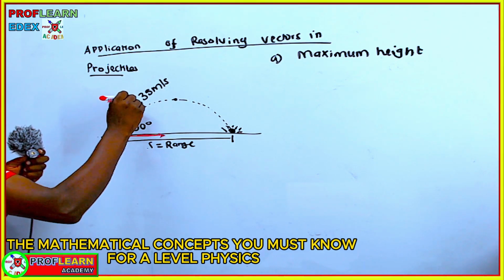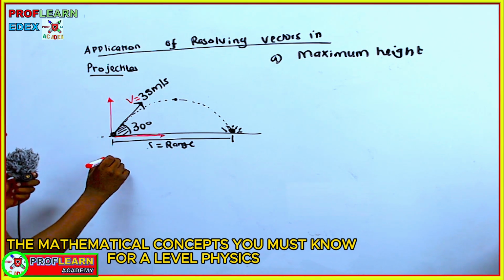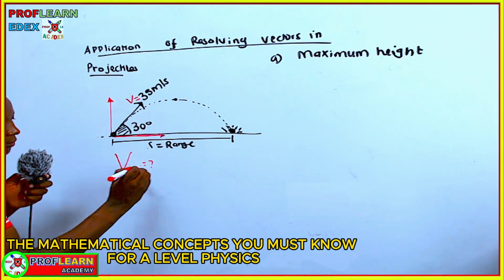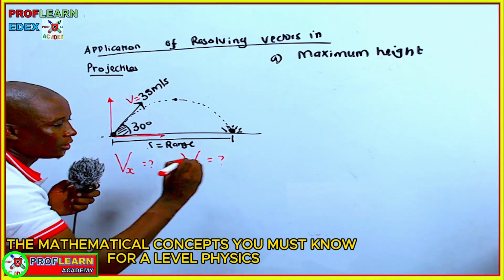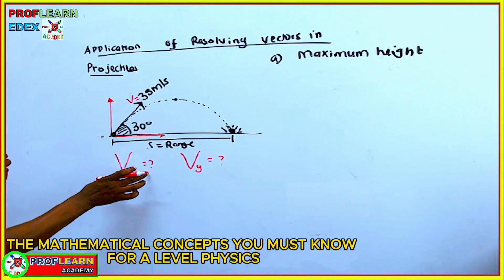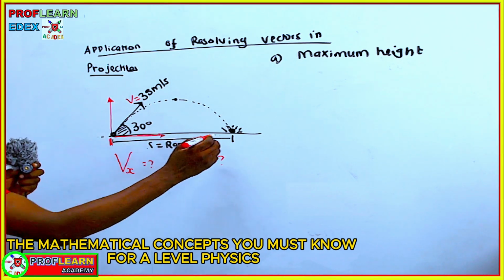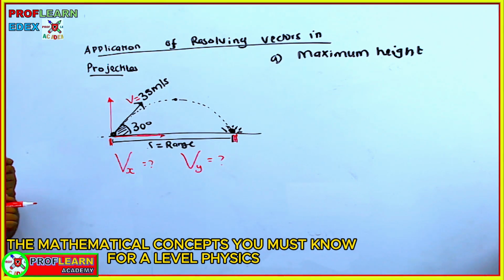So we need to resolve this vector that we are given here into vertical and horizontal components. If this is our v, which is 35 meters per second, we need to know what v in the x direction is, and also what v in the y direction is. Now, this v in the x direction is going to enable us to work out the distance covered in the horizontal direction.